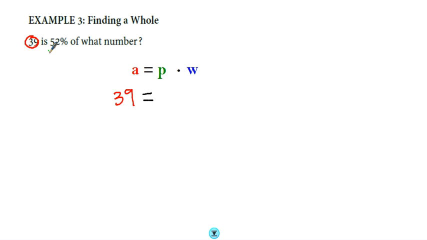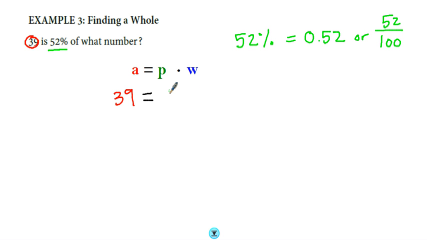52%, that's a percentage. But again, we're not going to write it with a percent symbol. We have to change it to a decimal or fraction: 0.52 or 52 over 100. I'm going to use a decimal, 0.52.